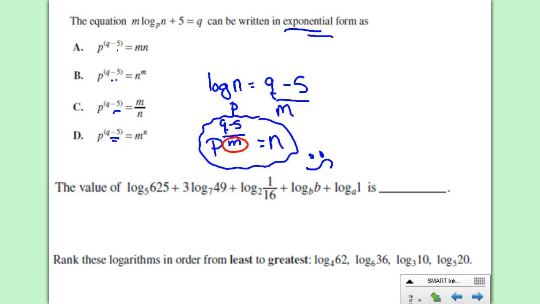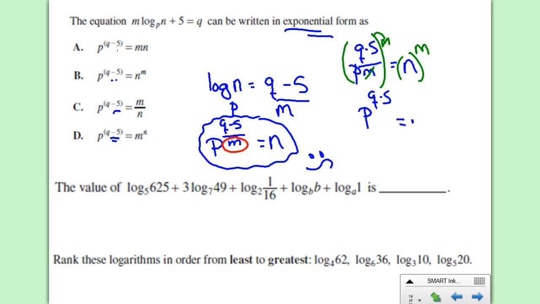I can use my exponent skills and take my answer, n equals p to the q minus 5 over m, and take this all to an exponent of m. When I do that, the m's cancel, and you're left with p to the q minus 5 equals n to the m, and the answer is clearly going to be B.